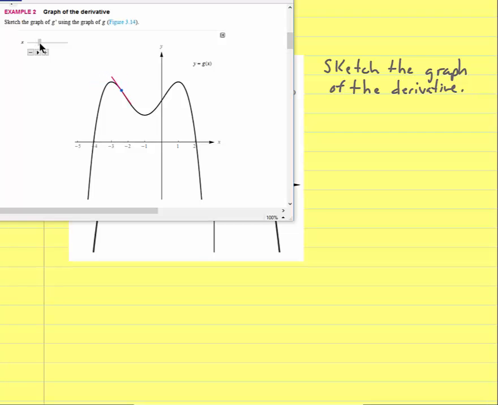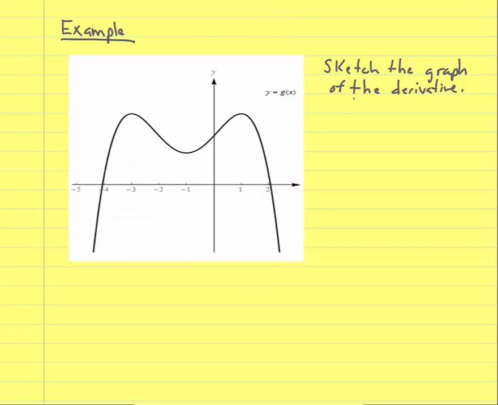Now my tangent lines switch to negative slope, and then here they bottom out again, and here I have a slope of a tangent line that's equal to 0 again. My tangent lines switch to positives again, they hit 0, and then they go negative. So those are some important features of the graph. Let's use those characteristics to look at the same graph and note some of these ideas.